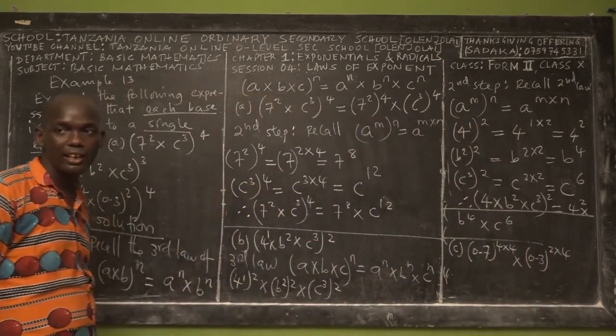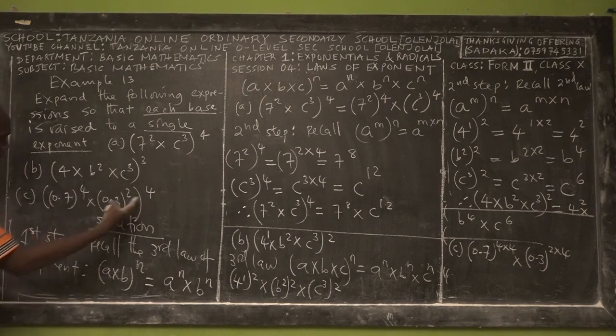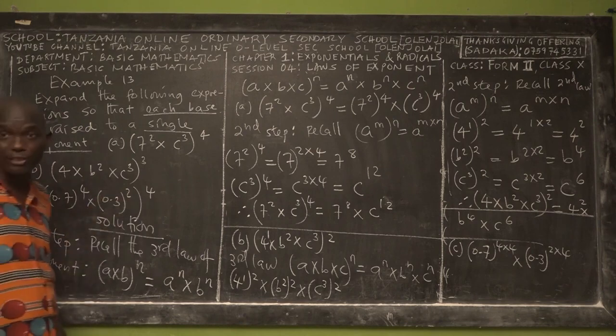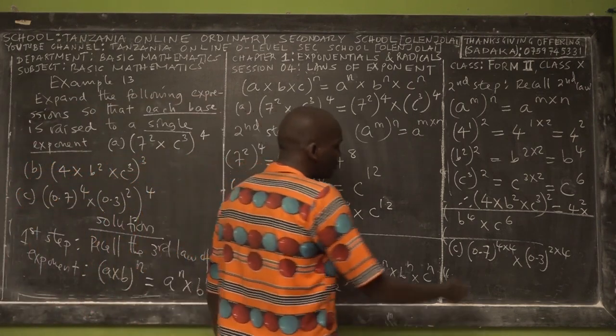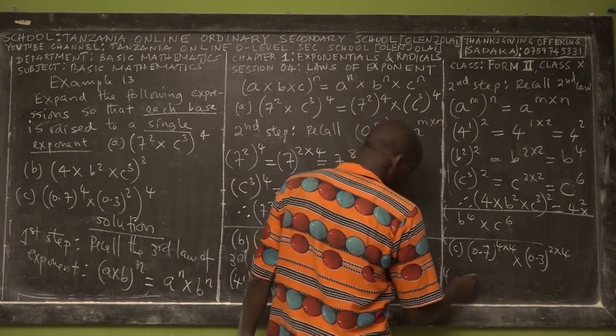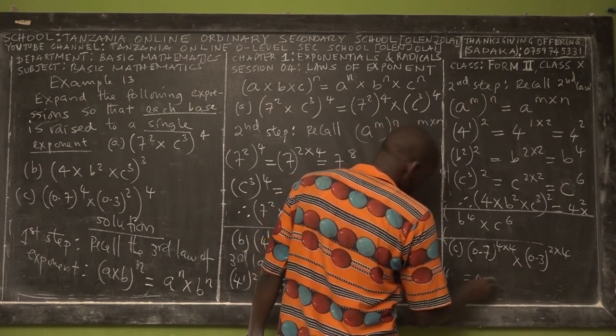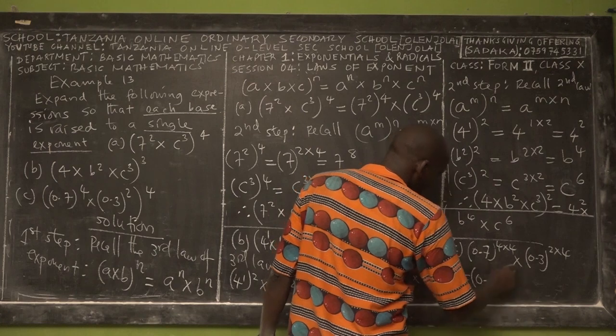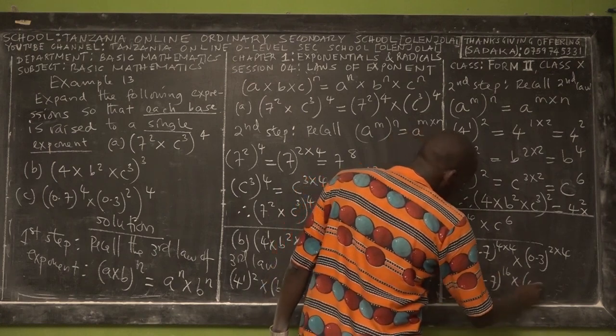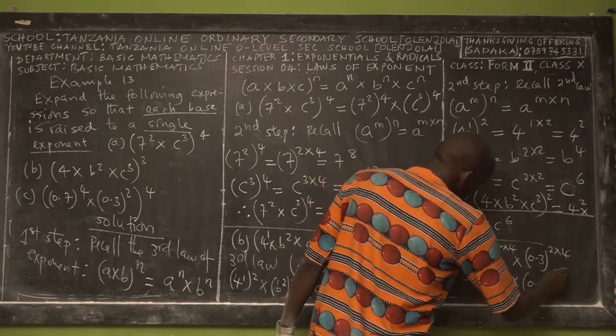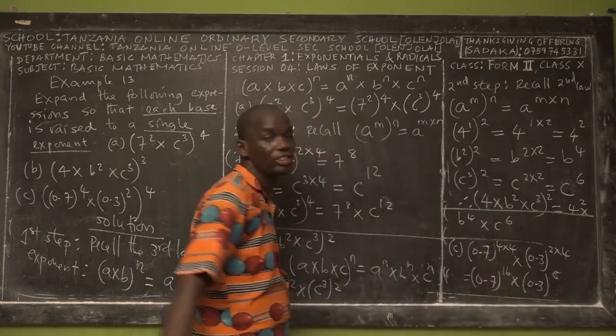This 4 is multiplied by this 4, and this 4 is multiplied by these 2. Straightforward. So 4 times 4? 16. So 0.7 power 16 times 0.3 power 8. And the response.